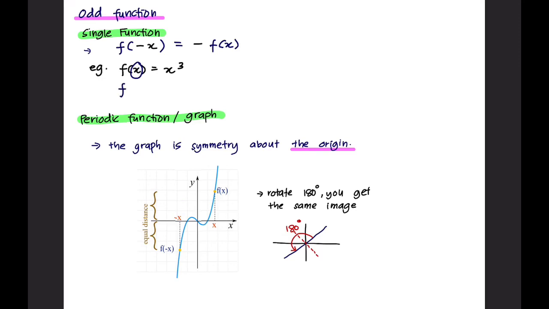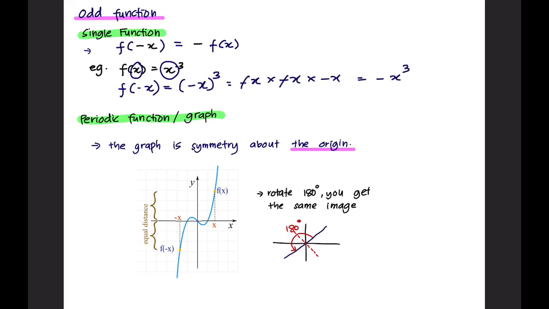So we have f(-x) equal to (-x) to the power of 3. Then multiply -x, -x, -x, the negatives cancel. You will get -x to the power of 3.